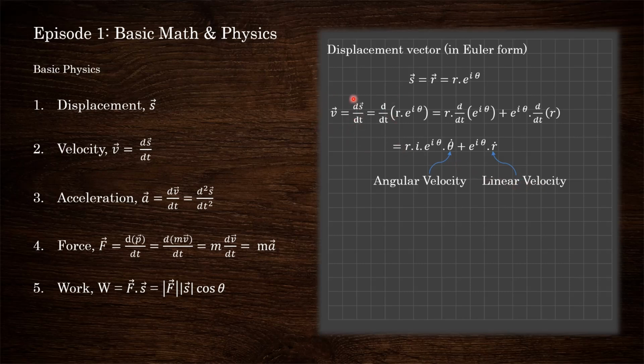If I differentiate this further, what terms will I get? Just think about it. We will talk more about this in the next episode. Think about what we will obtain by differentiating this velocity vector again.